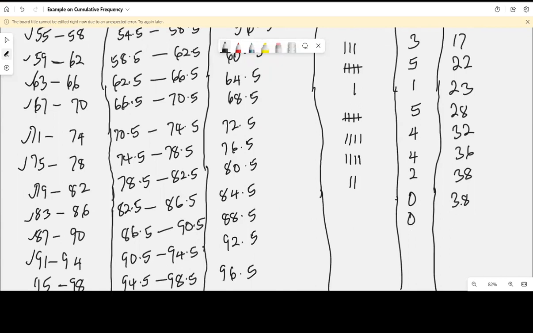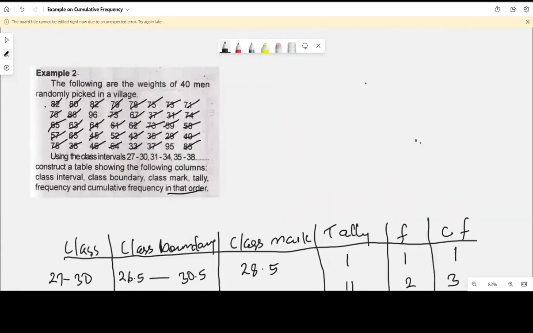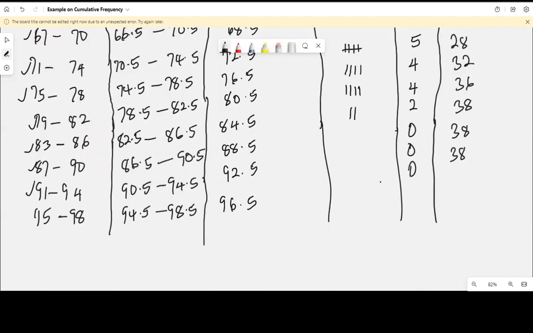Then we put 0 here. 0 plus 38 is 38. Then 91 to 94, that should be 0 too. Do we have anything on that? 0 also. We leave the tally blank. It's like I repeated this twice.